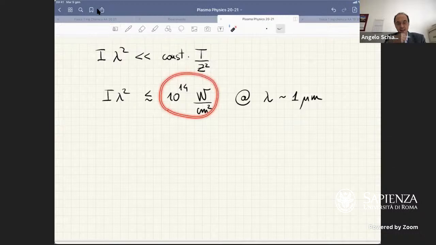So if we are below 10 to the 14 watt per square centimeter at 1 micron, we say that we are in the collisional regime, and you'll see some more in Azzeni's lecture at the end of the course when we discuss inertial confinement fusion. That's all, folks, for the moment.